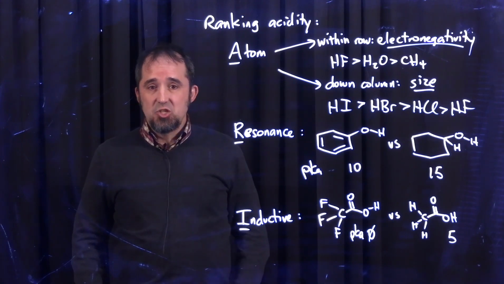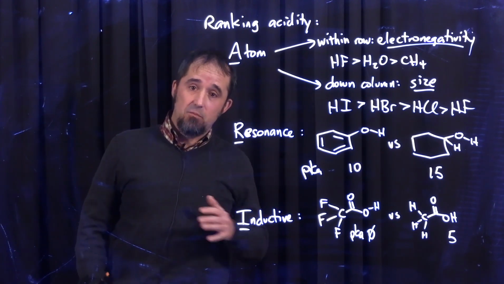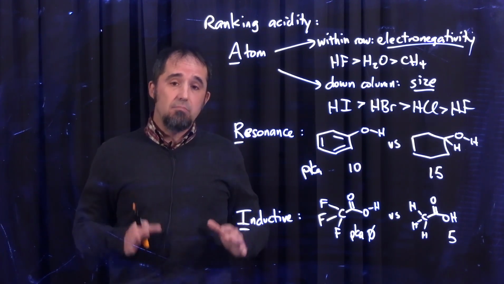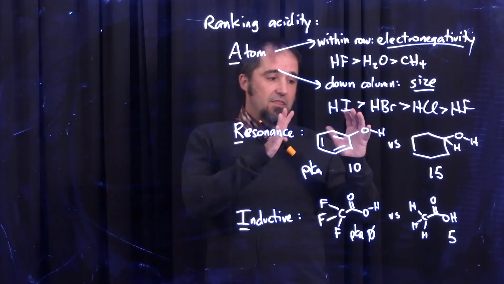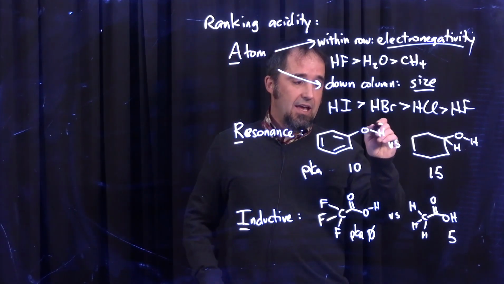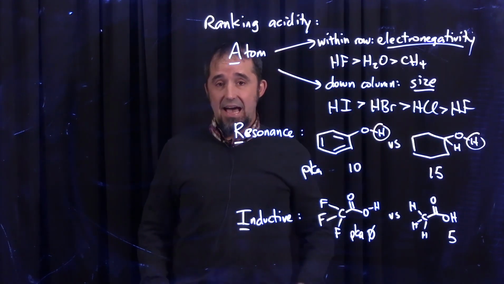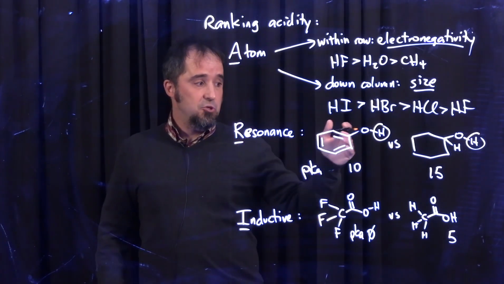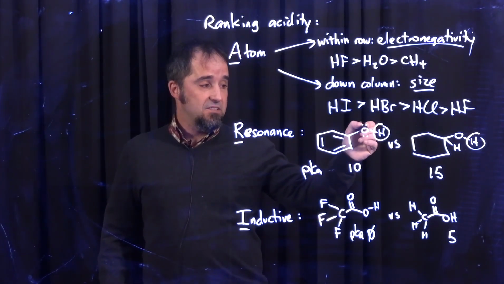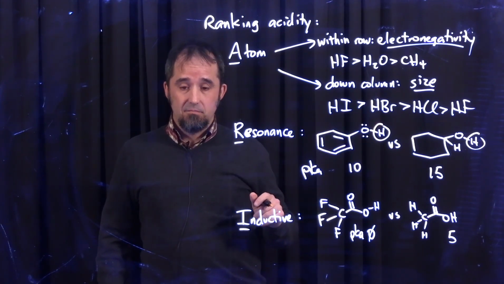If we're trying to determine between hydrogens bound to the same atom, then we have to keep going. So the next most important factor is resonance. For instance, here I am looking at OHs in both of these molecules. So the connected atom doesn't help me. But here I am able to have the lone pairs on oxygen in resonance with these pi bonds.